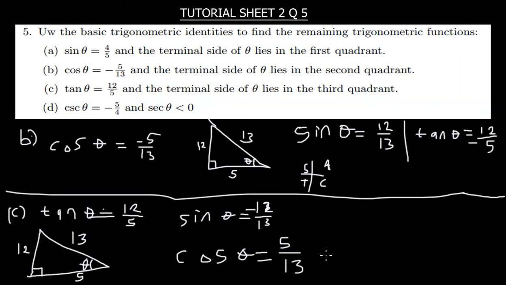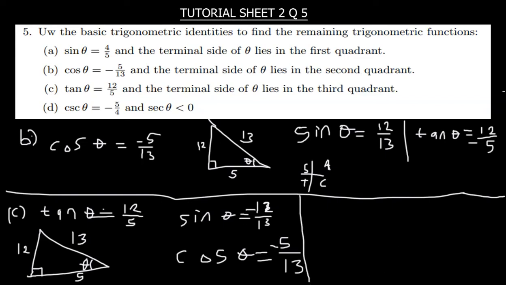So this is going to be the answer, but check it again. Is cos positive or negative in the third quadrant? Of course it's negative. So it's supposed to have a negative there. Alright, let's move on to the last part.